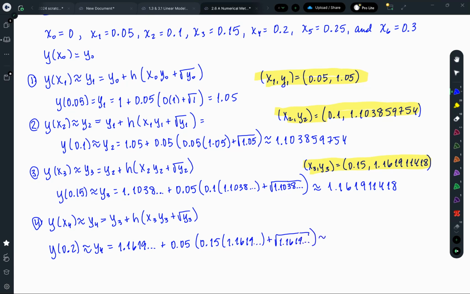Plugging that into my calculator, that gave me a pretty nice number. Still long though. 1.224521751. Okay. So now we have x4 and y4.